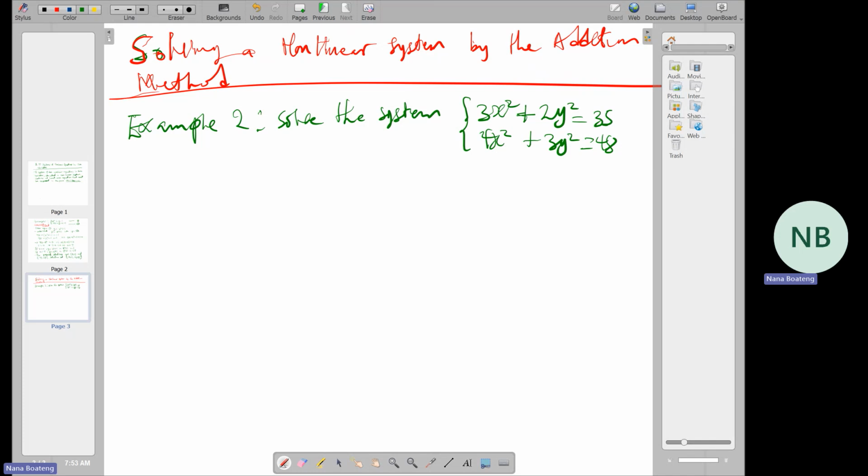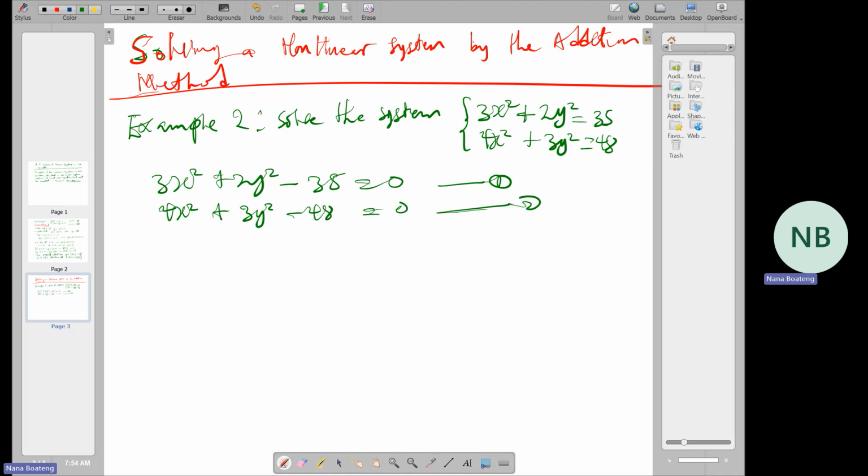So 3x squared plus 2y squared minus 35 is equal to 0, and this will be our first equation. And the second equation is 4x squared plus 3y squared minus 48 is equal to 0.